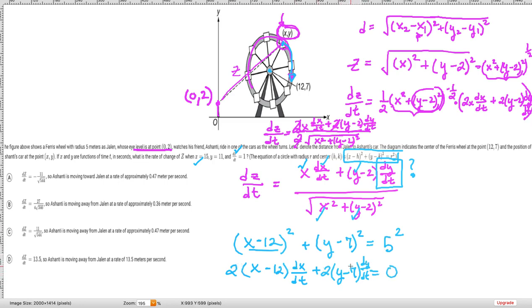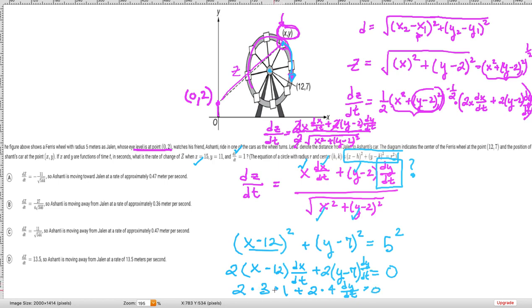Now I have everything in this, right? I have x is 15. So 15 minus 12 is 3, times 2, and dx/dt is 1, plus 2 times (y is 11, 11 minus 7 is 4), and then I have dy/dt has to equal 0.